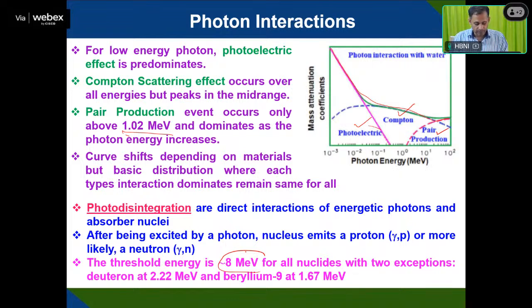For all other materials, it should be more than or equivalent to 8 MeV. Because of photo disintegration, the photon is absorbed and interacts with the material, and the nucleus emits photons, like a gamma in case of X-ray, or a gamma photon or neutron.